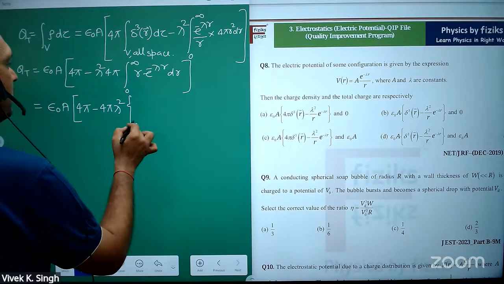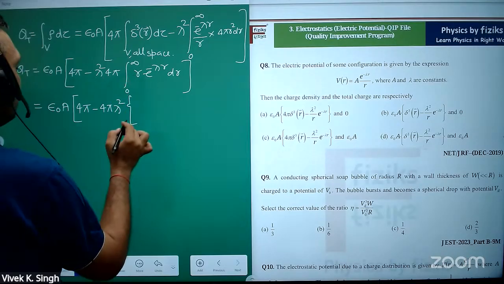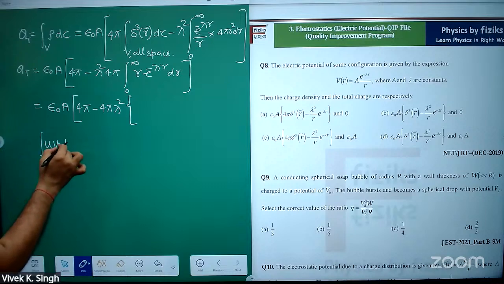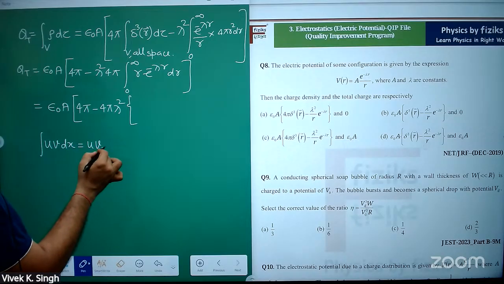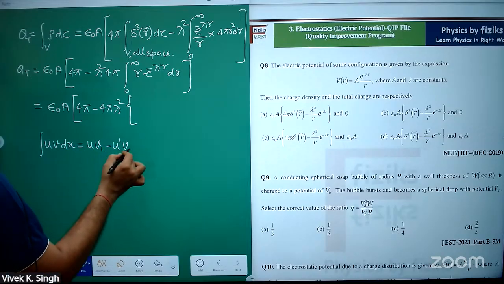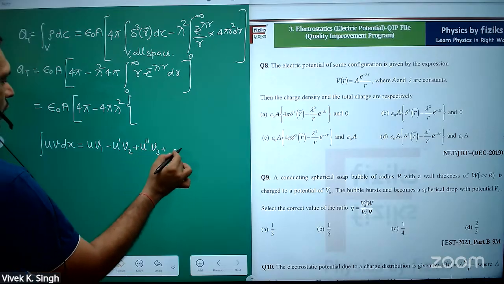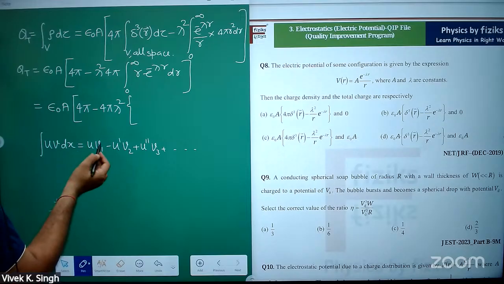I am taking this result: integral of uv dx, if u and v are functions of x, is u v1 minus u dash v2 plus u double dash v3 and so on. Here u dash is the derivative of u, and v1 is the integral of v.